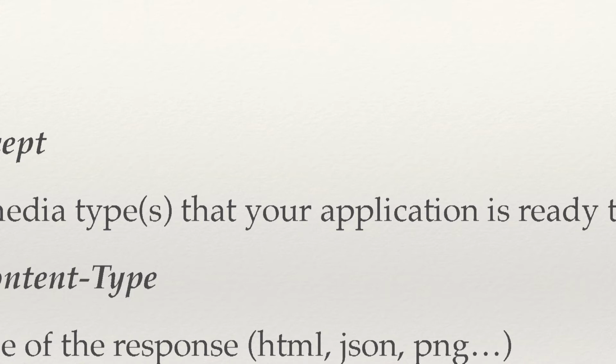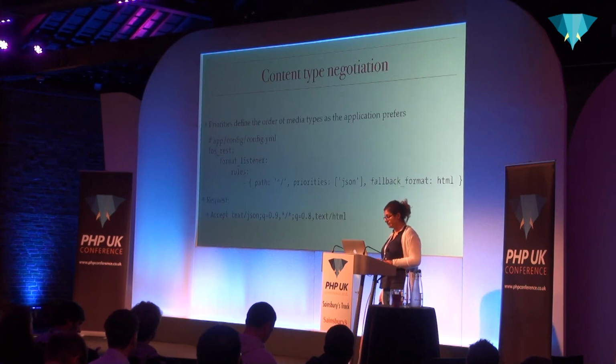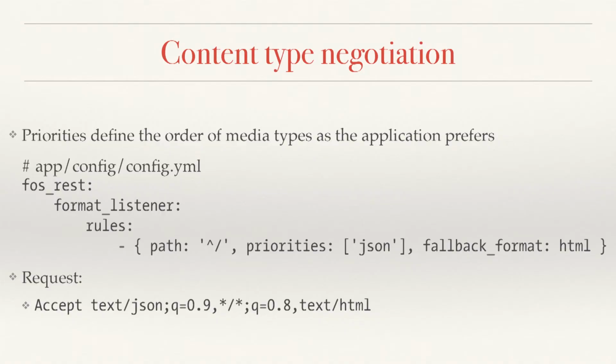And on the response, it's about putting the content type, and it's the media type of the response. It could be JSON, PNG, HTML, whatever you want. It's all about configuration. So here is the configuration of how to handle the way your application is going to try to serve or receive.